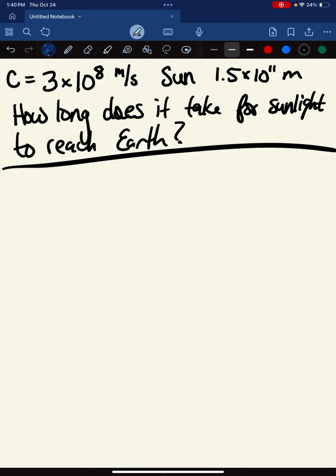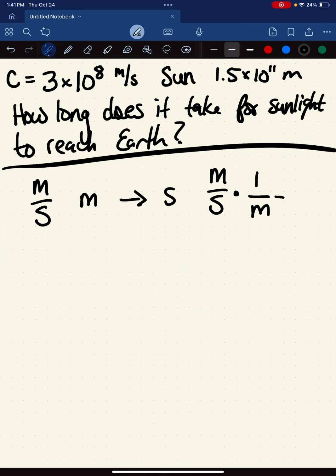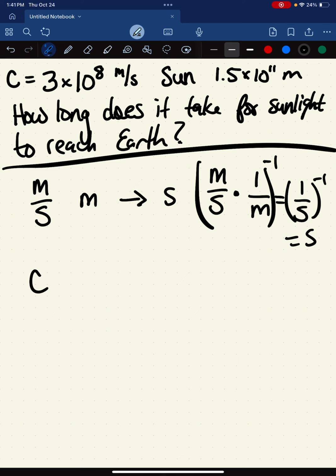So, first we're going to do some dimensional analysis. We have meters per second, and we have meters. How can we combine these to give us seconds? Well, if we take meters per second and we multiply by 1 all over meters, we get 1 all over seconds. So then if we take both sides, raise it to the power of -1, we get seconds.